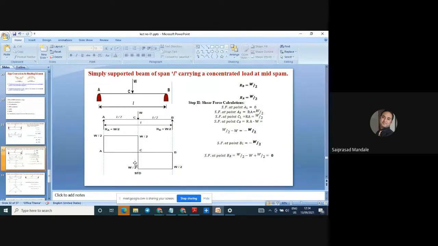In the next lecture, I'll give you the table for the sign convention: for which type of load, which type of curve or line is to be drawn. Today we have seen the reaction calculation, SF calculation, and the bending moment calculation. I will tell you how to draw the shear force diagram and bending moment diagram in the next lecture.